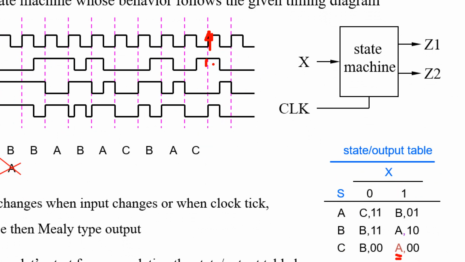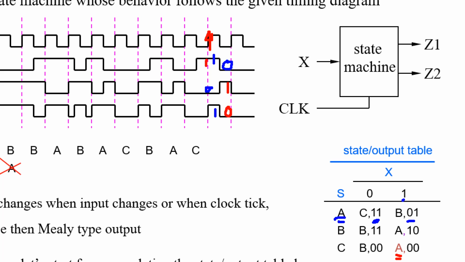At state A, when x is 1, output should be 0, 1. And when input is 0, at state A, output should be 1, 1. Oh, it's not 1, 1.